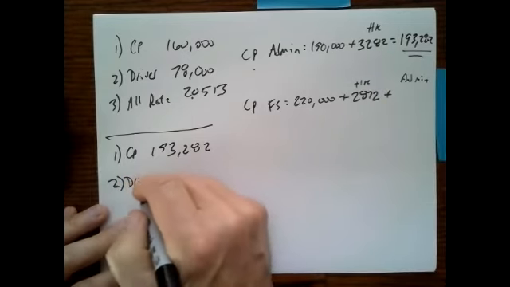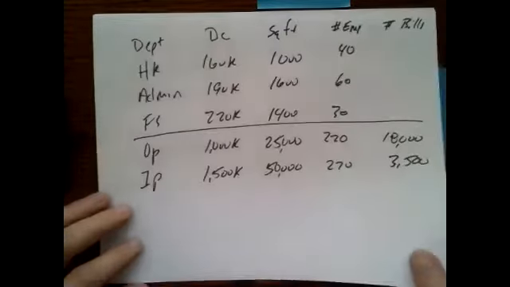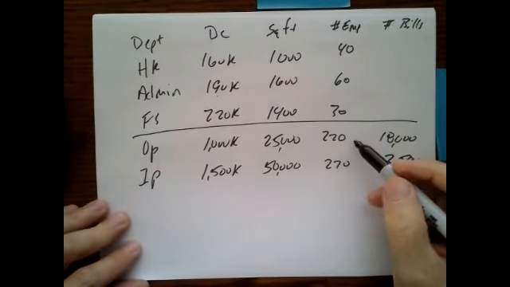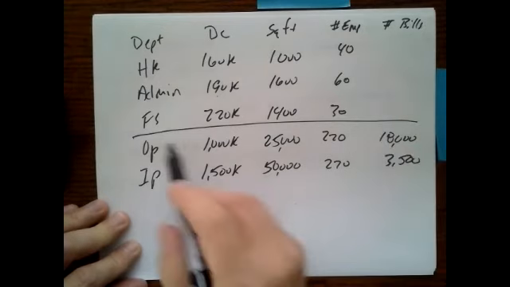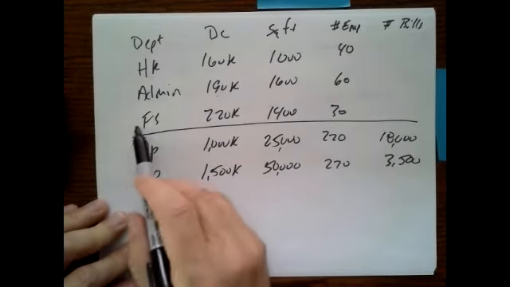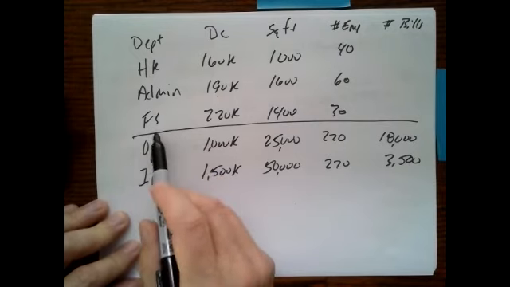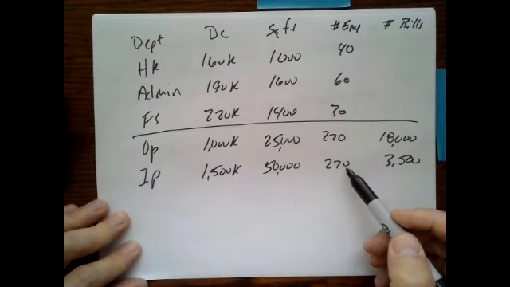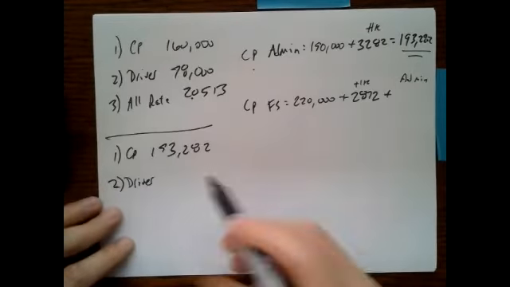The driver for admin is going to be number of employees. Now, remember, if we were doing direct, we would just look at the number of employees in the profit centers, but because we're doing step-down, we're going to include all the departments that come below admin in the step-down order. So that's going to be financial services, outpatient, and inpatient. So we've got 220 plus 270 plus 30, that's 520 employees.